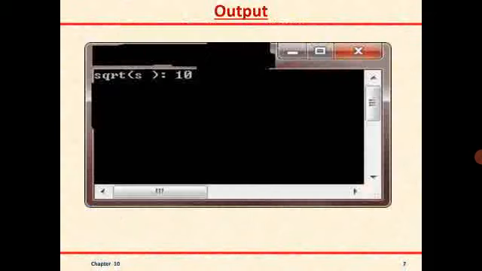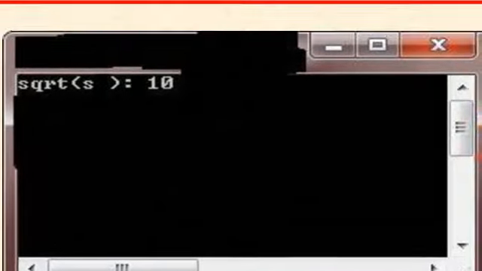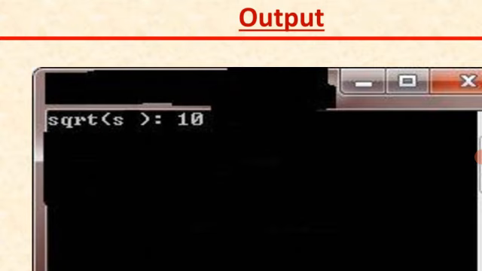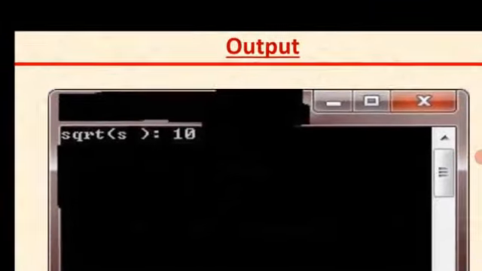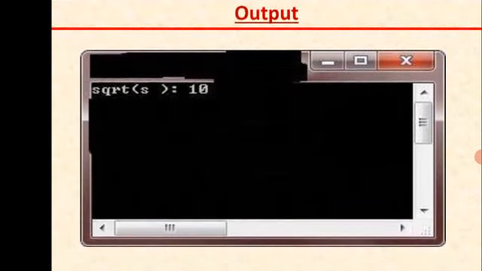Students, you can see here, you will get the output as square root of s is equal to 10. You know that the value of s is 100, hence you will get the square root as 10.